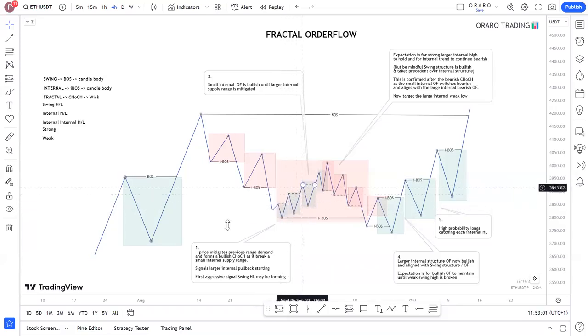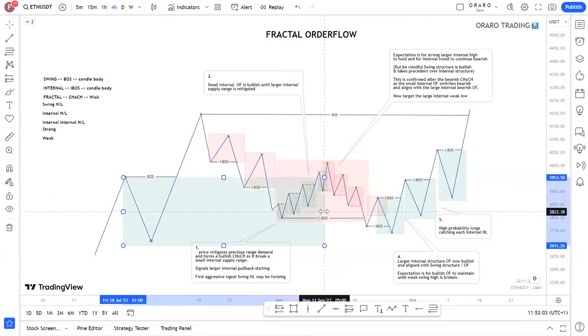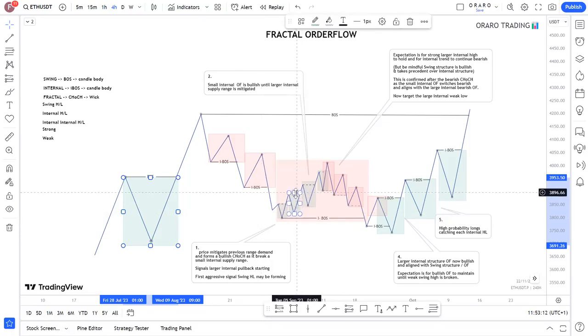That first aggressive movement, when it has already mitigated this demand range, this order flow range, then smaller internal structure will continue being bullish until price shifts bearish. And smaller internal structure will continue being bearish until price takes out the what? The larger internal structure low.